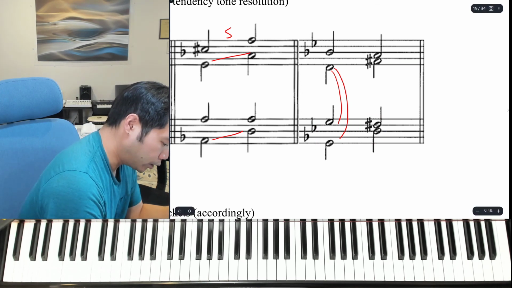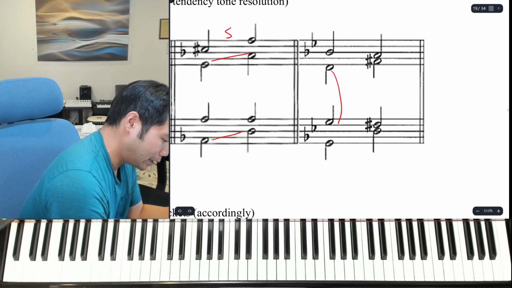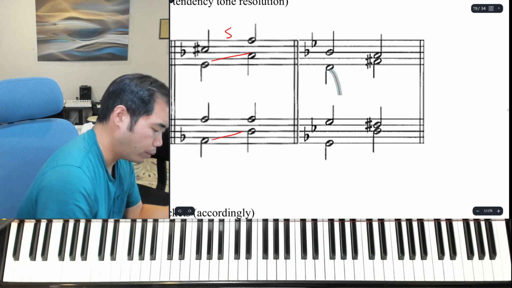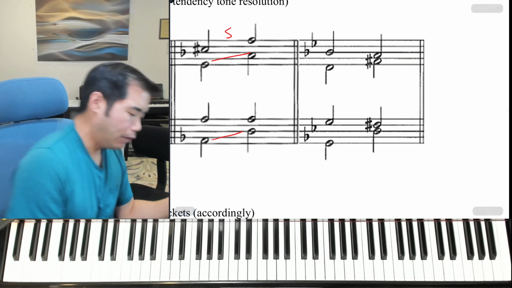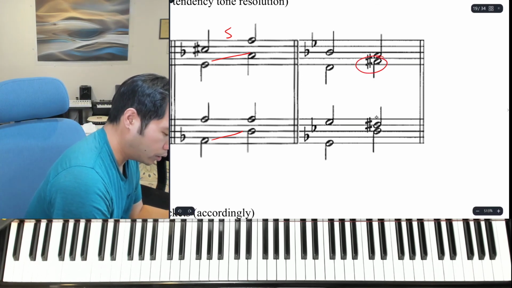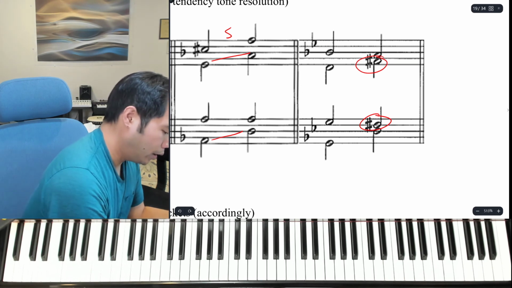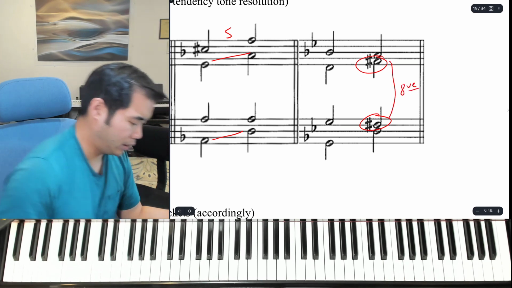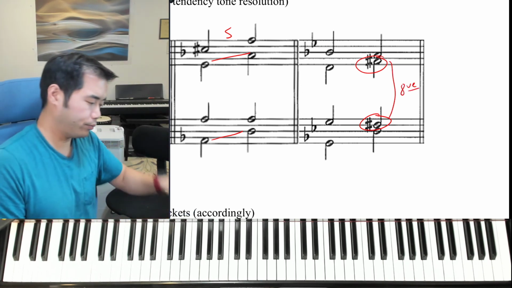Okay, bass to alto, goes from D to F sharp. D to F sharp is also a third. That's fine. And then lastly, taking a look here, this fifth goes to F sharp, which is an octave. It changes from a fifth to an octave. That's fine. Of course, we do know that there's an issue here with the doubling of the leading tone, and also the distance really pushing the limits there is not preferable.